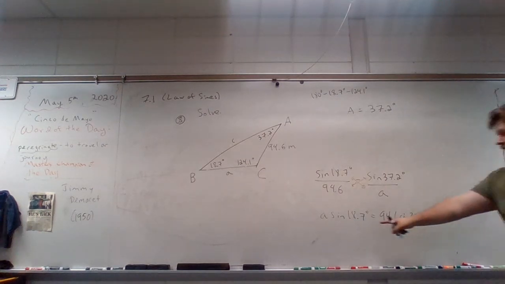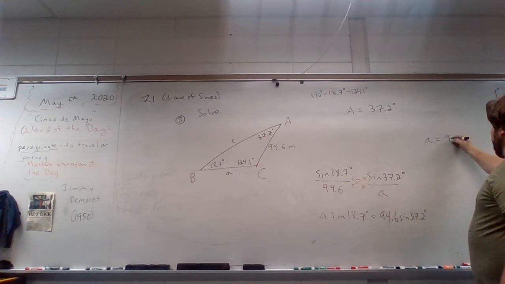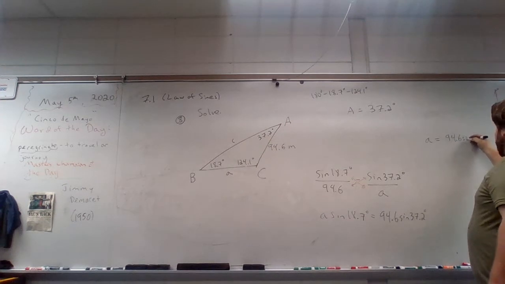And then I would divide by the sine of 18.7 to get a. So little a is 94.6 sine of 37.2 degrees divided by sine of 18.7 degrees.